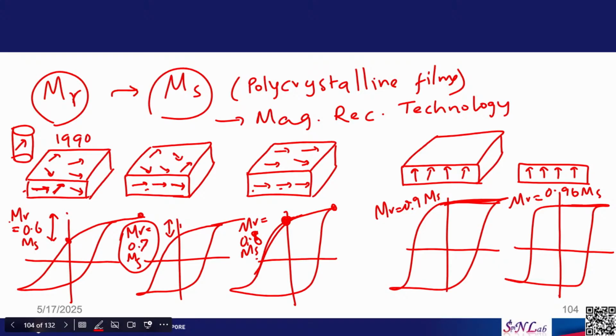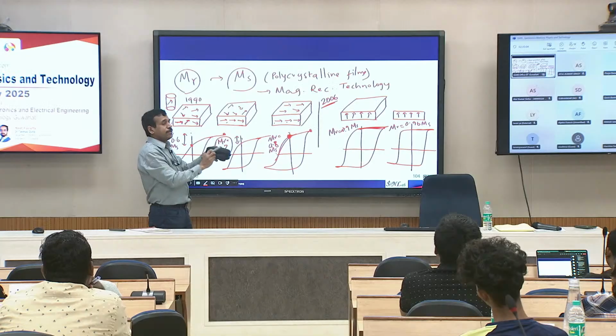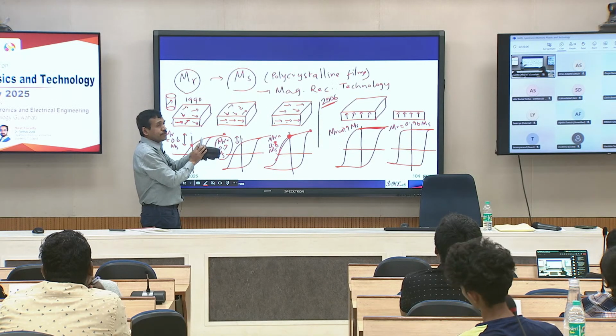Then somewhere in 2006, the hard disk industry switched to perpendicular recording technology. Now, the magnetization is not in the plane, it is perpendicular to the plane.